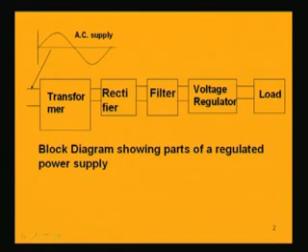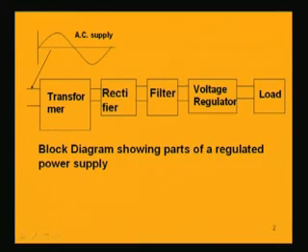We have an AC supply voltage which is supplied by the electricity authority in the AC form, and it is a high voltage. So we have to first of all step it down to a level which can be handled by the rectifier. That is done by using a transformer.